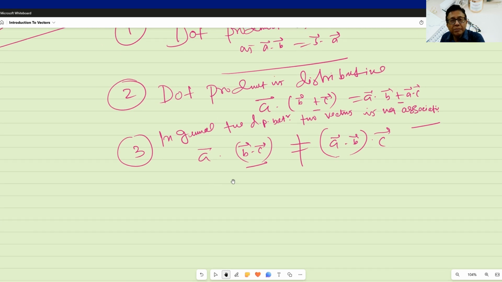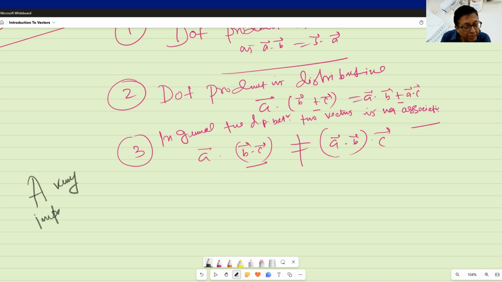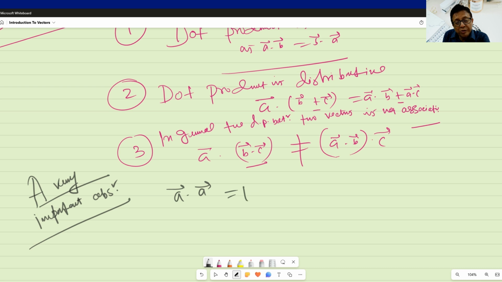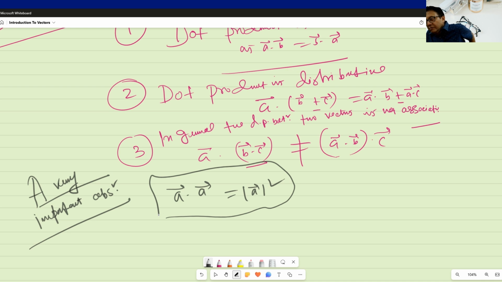So these are some properties. One very important observation let us make before we proceed. For any vector, it may be a sum of two vectors or a difference, A dot A is going to be equal to mod A square.